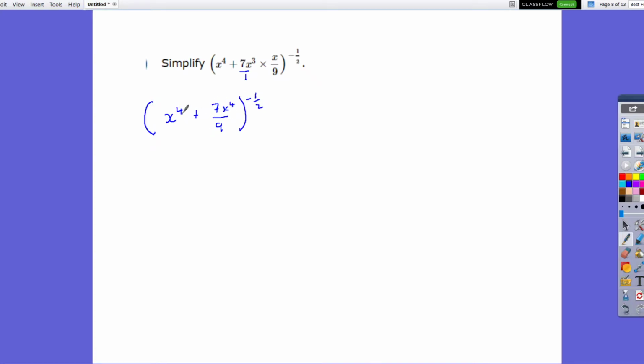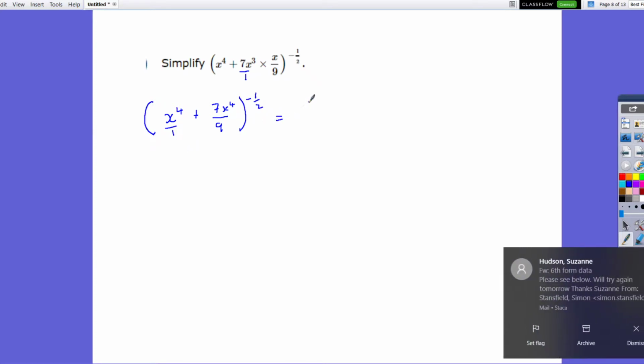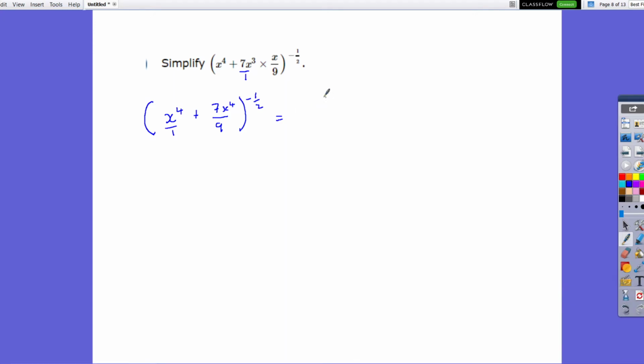So when we're adding these together, we need to make the denominator the same. At the moment it's just x to the power 4, which is a whole 1, so it's over 1. So I am going to multiply top and bottom by 9, so I'll get 9x to the power 4 over 9, as 9 divided by 9 is just 1, plus 7x to the power 4 over 9.